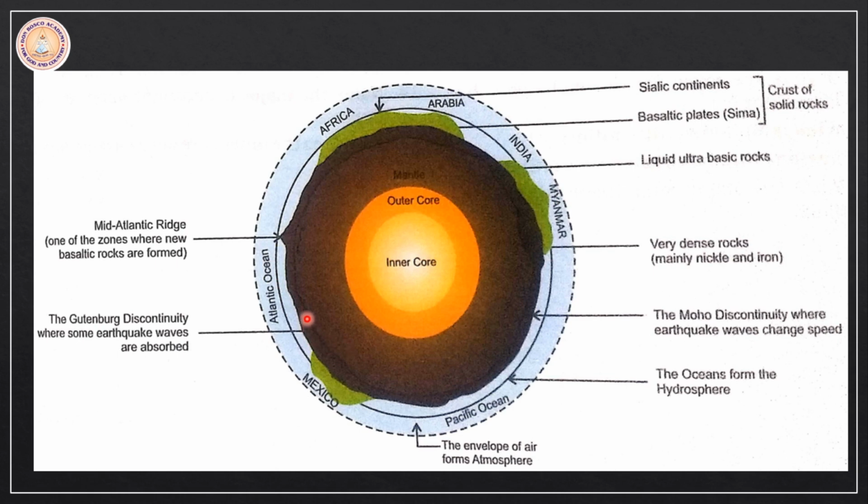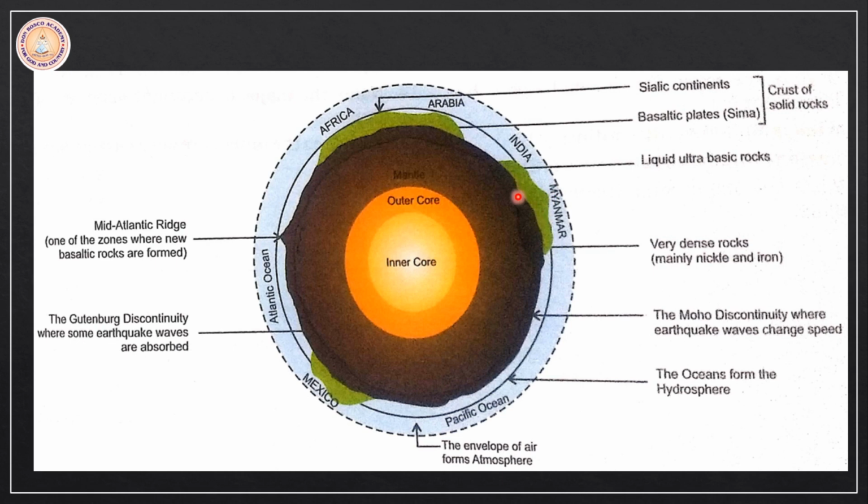The crust is very thin, and on an average, the thickness is about 60 kilometers approximately, and covers about 1% of the earth. In fact, it covers less than 1% of the earth.